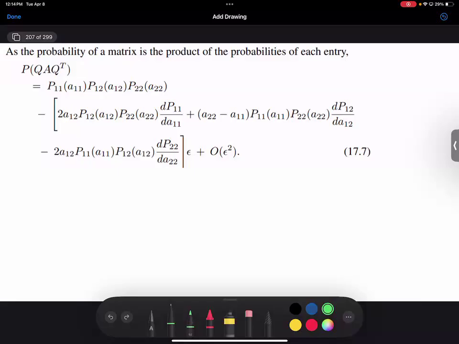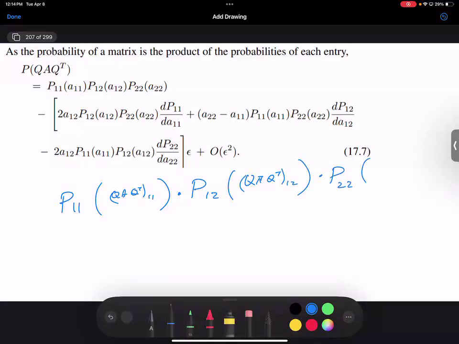So it's basically P11 of, I'll call it, Q A Q transpose 11 times P12 of Q A Q transpose 12 times P22 of Q A Q transpose 22.